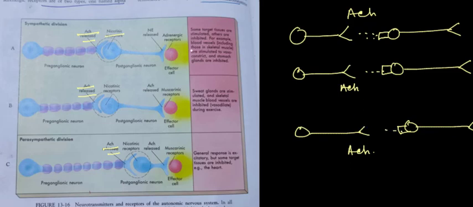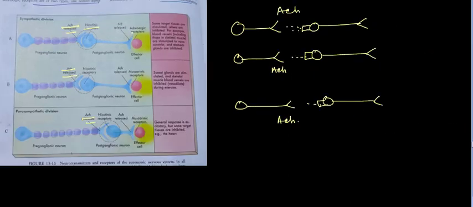Okay, but in the sympathetic division, some of the postganglionic neurons release norepinephrine, right? But the rest of the postganglionic neurons release acetylcholine. And if this is the effector organ, then there will be a muscarinic receptor. So this acetylcholine binds with the muscarinic receptor in the effector.